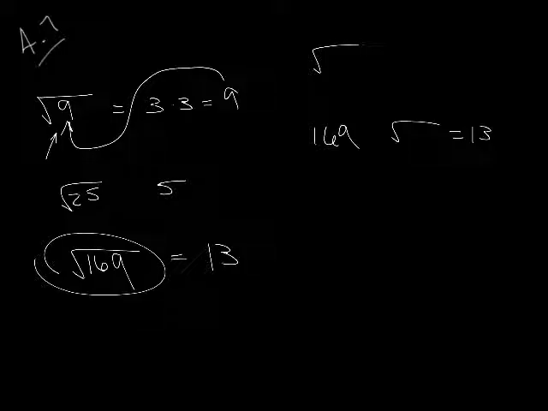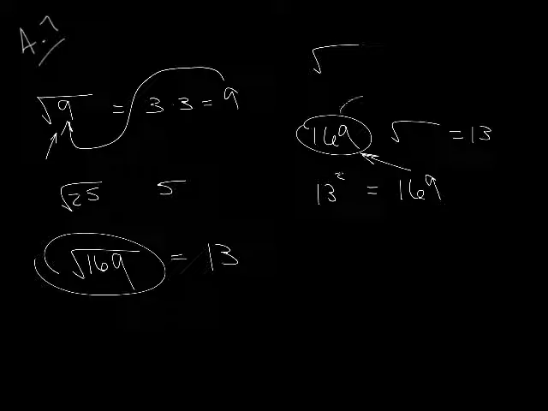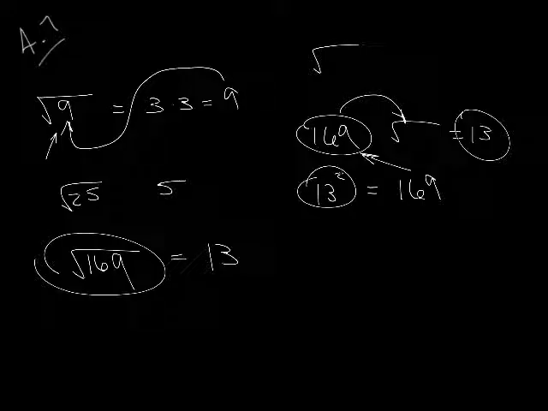So if I said, what is 13 squared? You're going to go backwards and get the 169. So this with a radical sign or a square root sign gives me this. This squared will give me what I started with. So it kind of goes back and forth there.